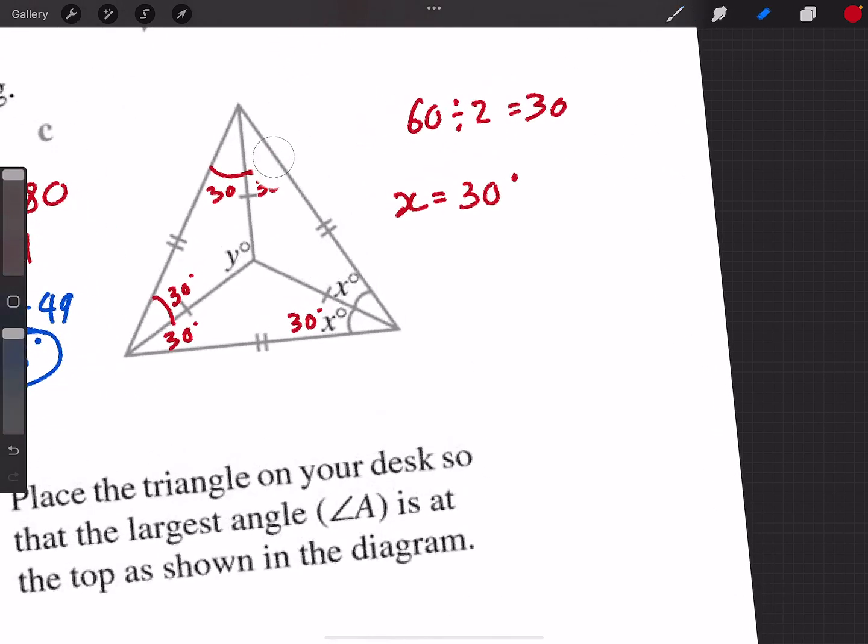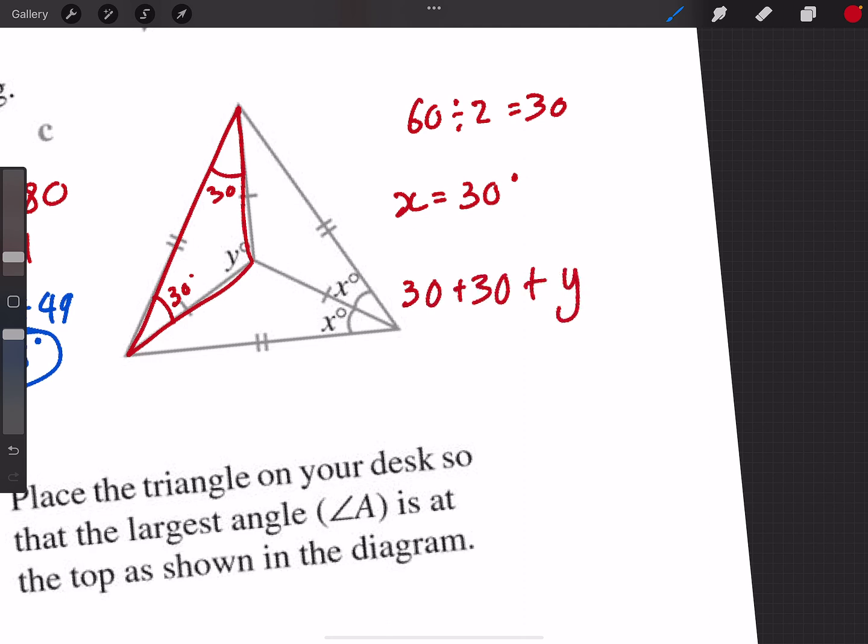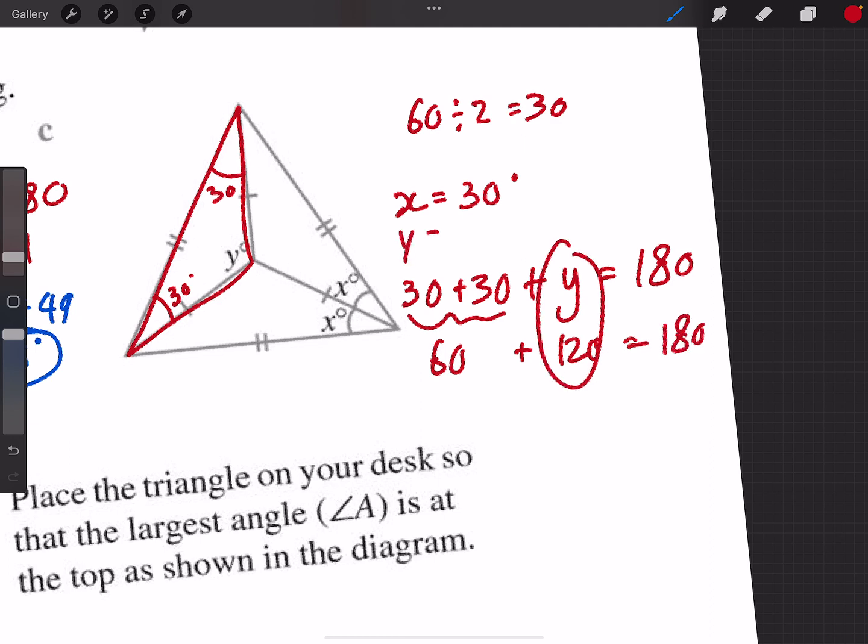Look at this triangle here. This is an isosceles triangle. So you've got 30 and 30, that makes 60. So 30 plus 30 plus the angle y is equal to 180. This is 60 and y must equal 120 because that makes a total of 180. So therefore y is equal to 120 degrees. Done.